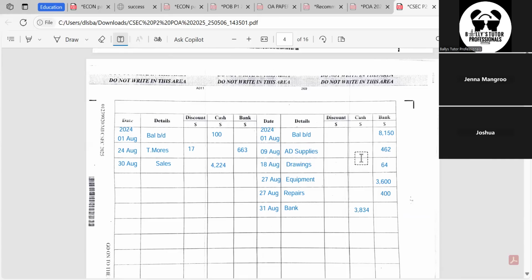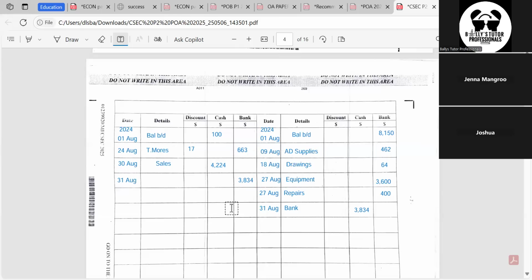Right? And I'm putting money into my bank account. So is my bank increasing or decreasing? Increasing, right? So I'll go on the debit side, 31st of August, and I'm going to put the amount under the bank column on the debit side, 3,834. So my bank was debited.